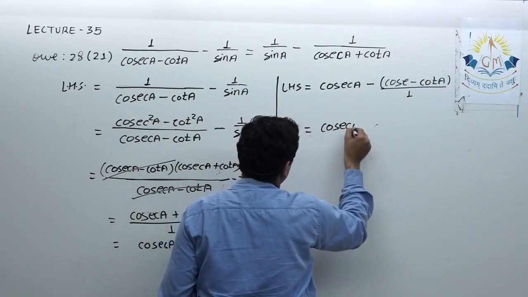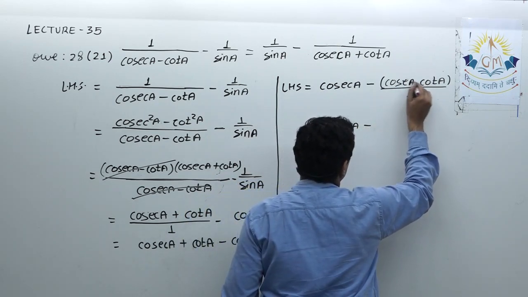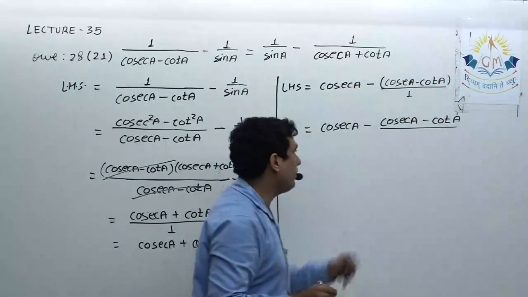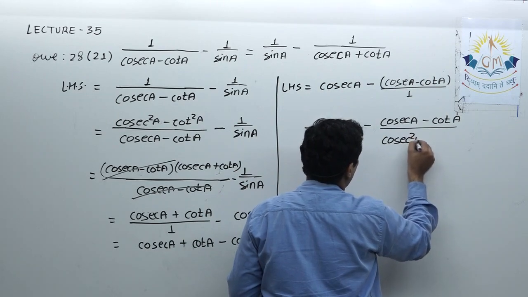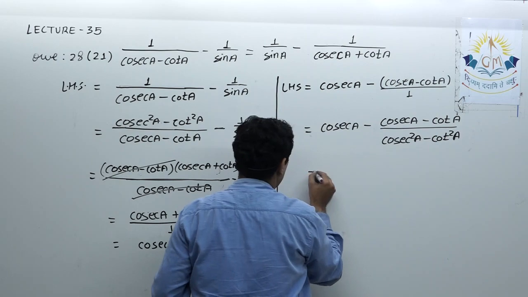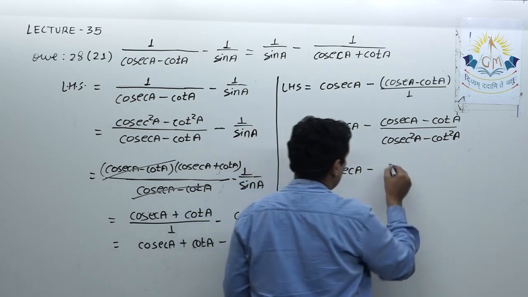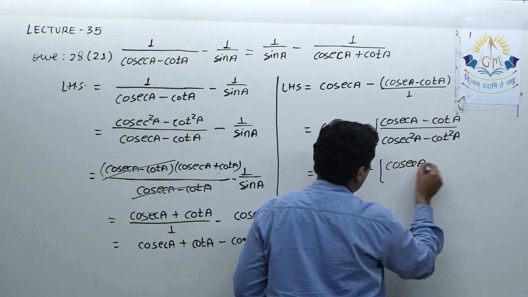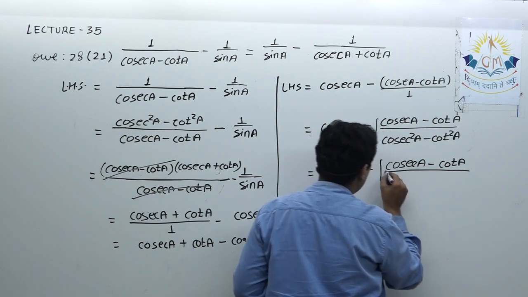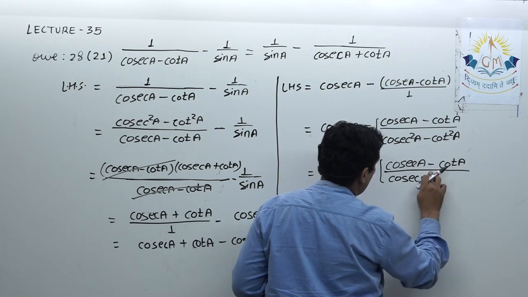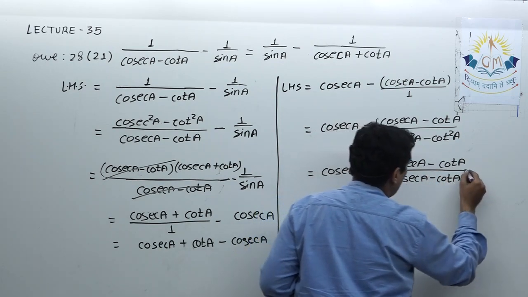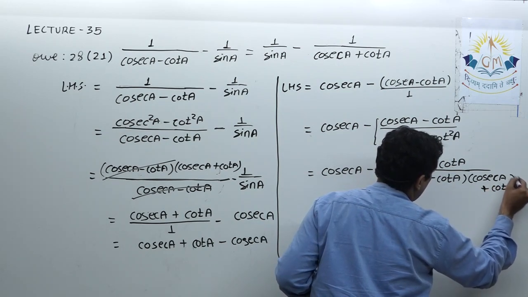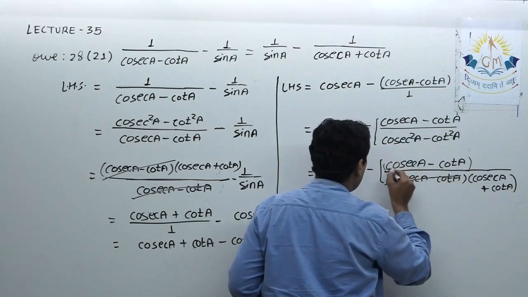So here I write cosec A as it is minus, here cosec A remains as it is minus cot A remains as it is, and at the place of 1 I write cosec square A minus cot square A, which gives me cosec A minus cot A, and in the denominator cosec A minus cot A into cosec A plus cot A. So this cosec A minus cot A will cancel out.